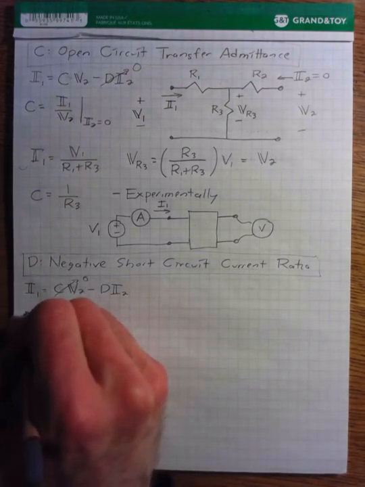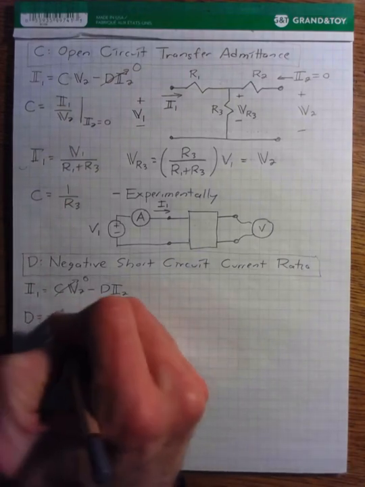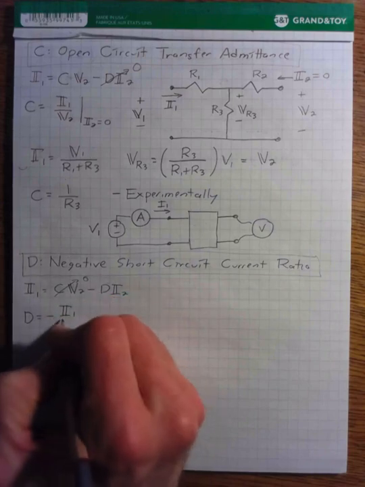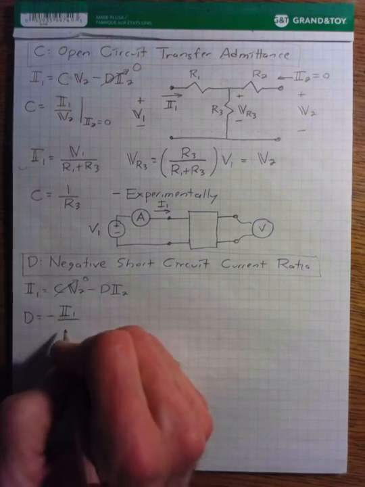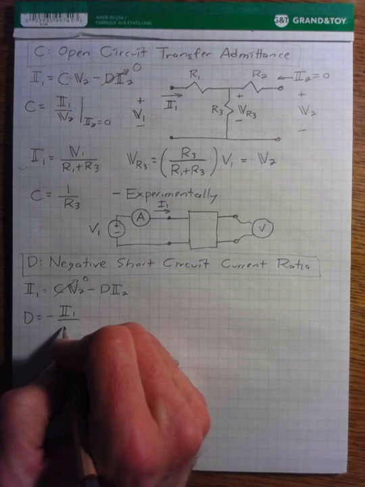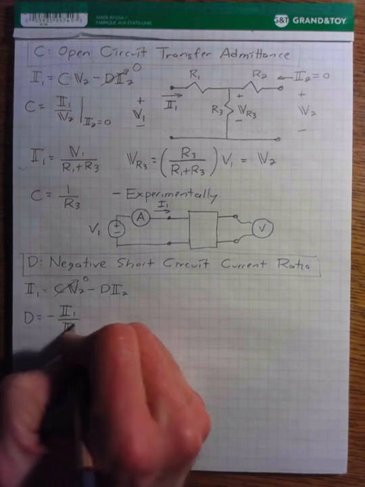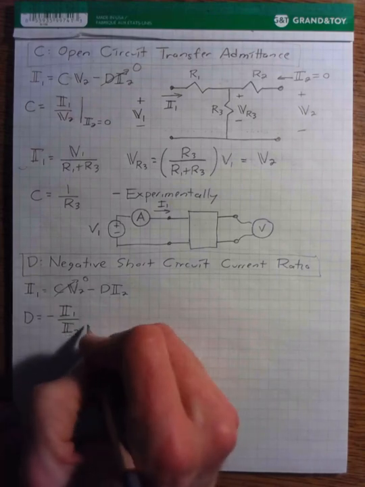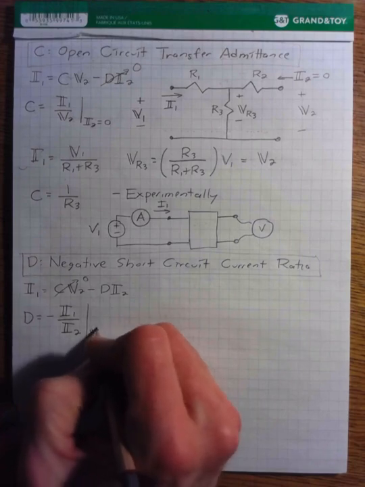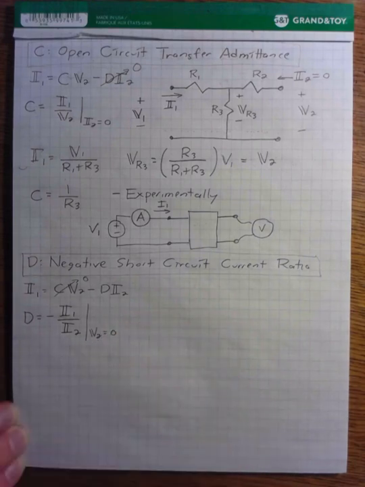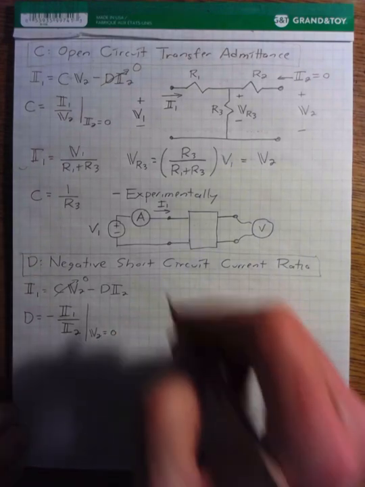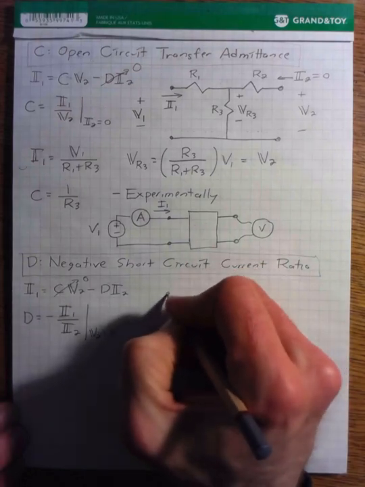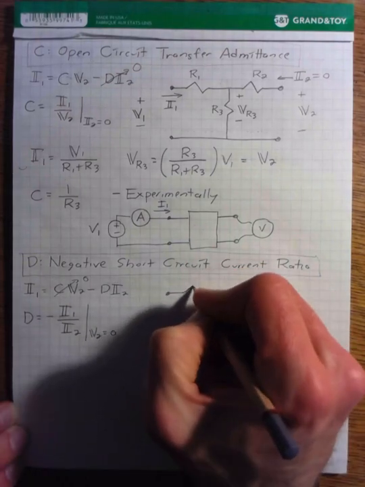And D then is equal to the negative of the current going into port 1 divided by the current going into port 2 with the assumption that V2 has been shorted out. And so let's take a look at our network under these conditions.